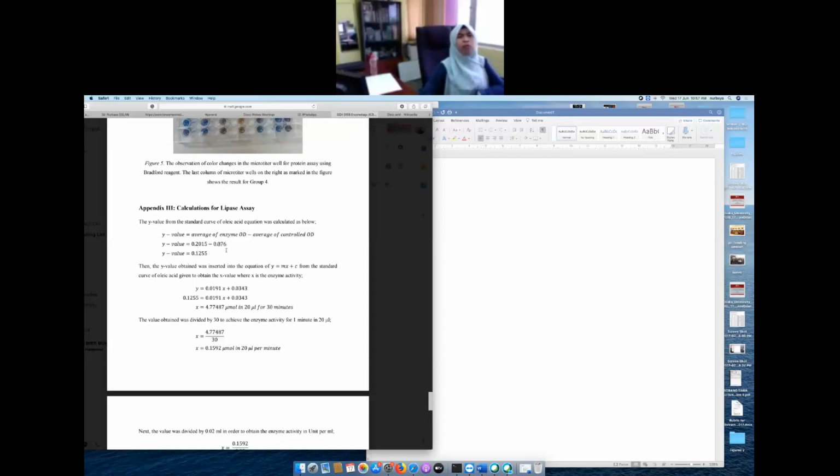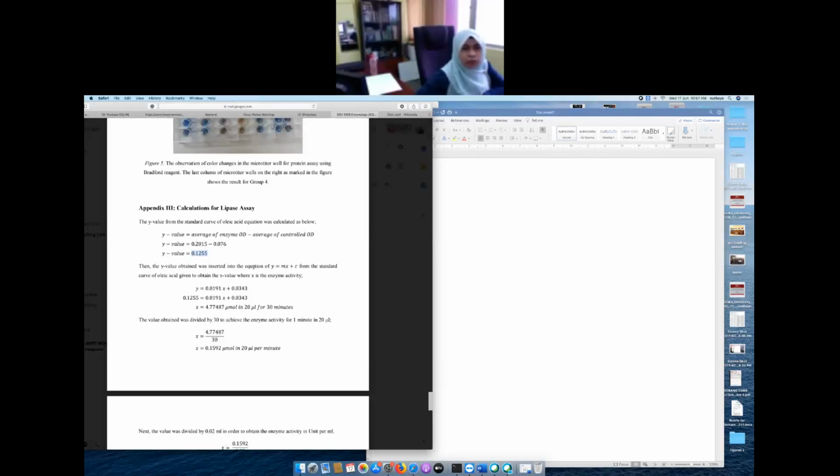We want to know only the absorbance for the lipase reaction. We expect some absorbance comes from the background, so we subtract the control from the sample to get the real absorbance for the lipase assay. This will become the Y value.